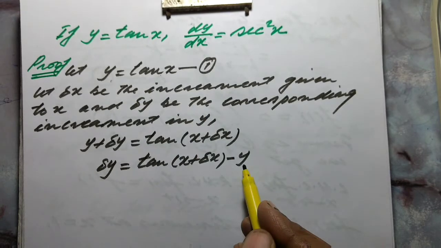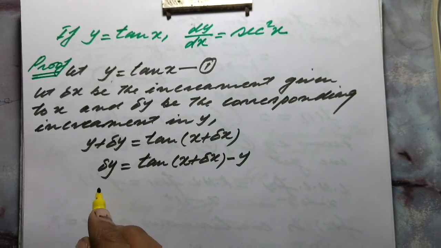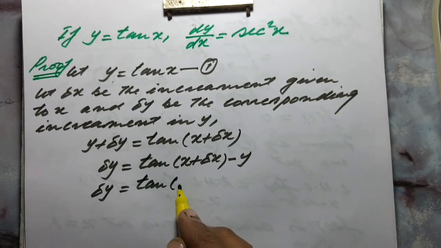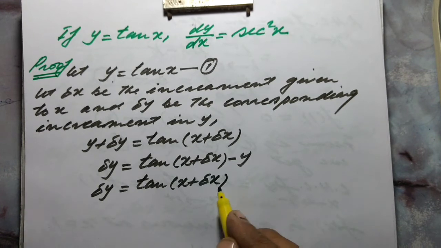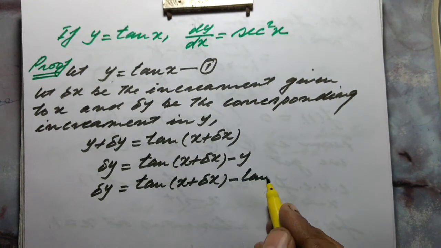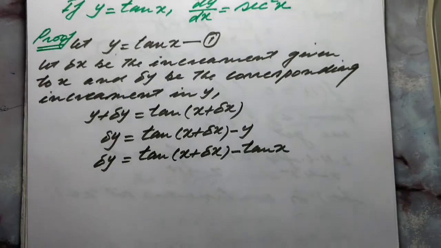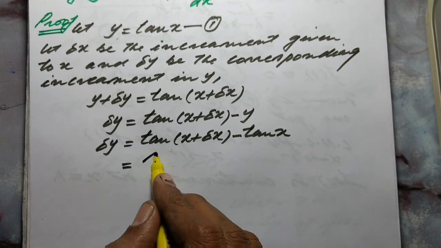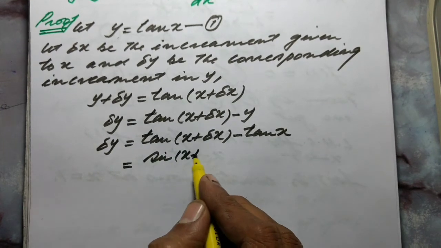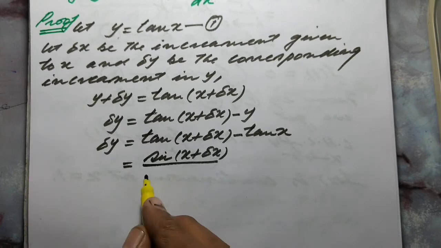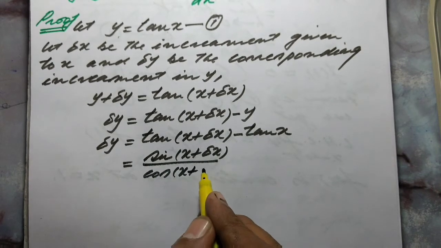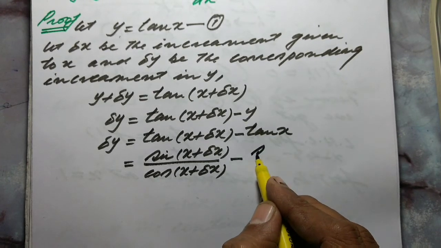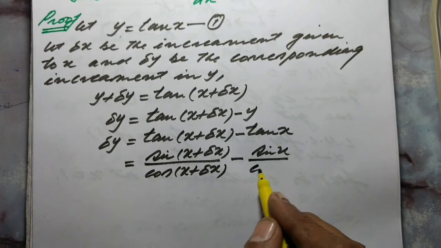Substituting y is equal to tan x from equation number 1, we have delta y is equal to tan of x plus delta x minus tan x. Now tan of x plus delta x may be written as sine of x plus delta x upon cos of x plus delta x, and minus tan x may be written as sine x upon cos x.